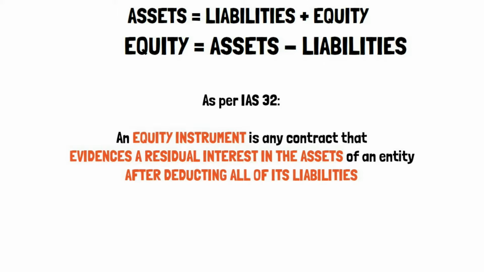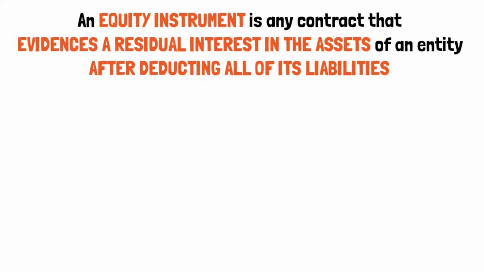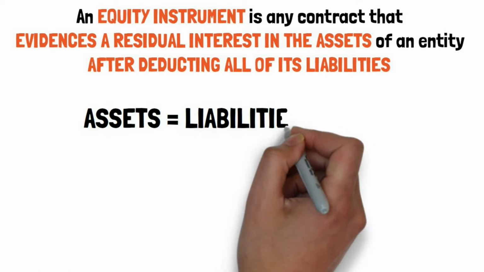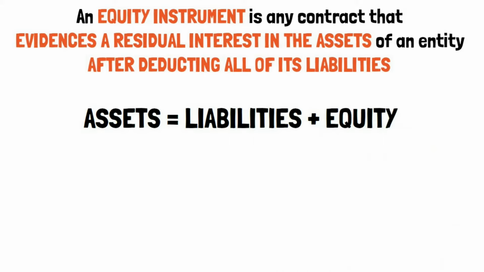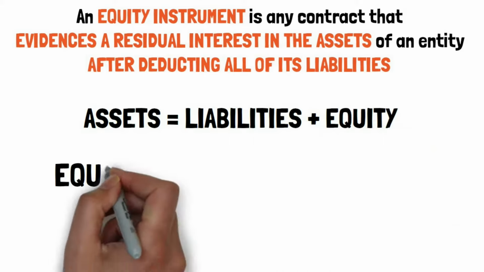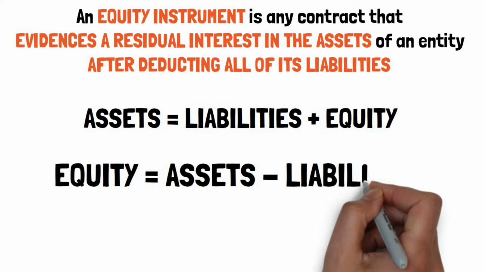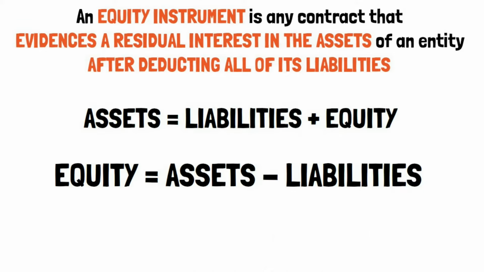Okay, so the key bits there is, it is the residual interest in the assets after deducting all of the liabilities. And we've already said that equity is assets minus liabilities. So it's what's left over after stripping out all of the liabilities in a company. Another terminology for this is net assets.